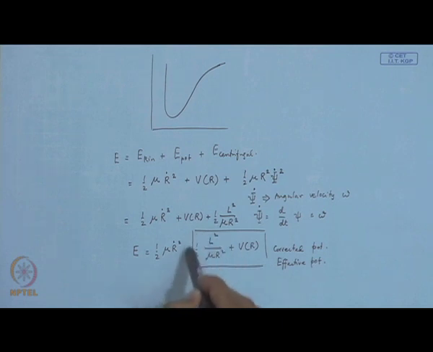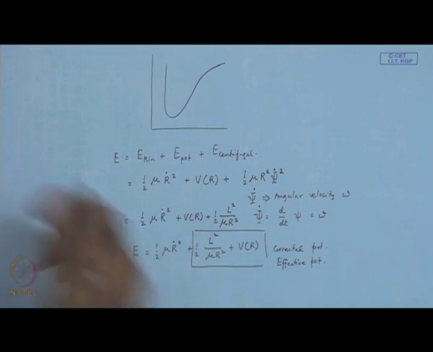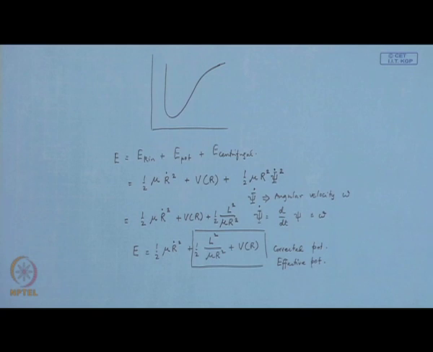So interaction potential plus this centrifugal potential. This energy contains this centrifugal energy because of this rotation of the r vector, and of course the interaction energy. That is why it is called the corrected or effective potential.